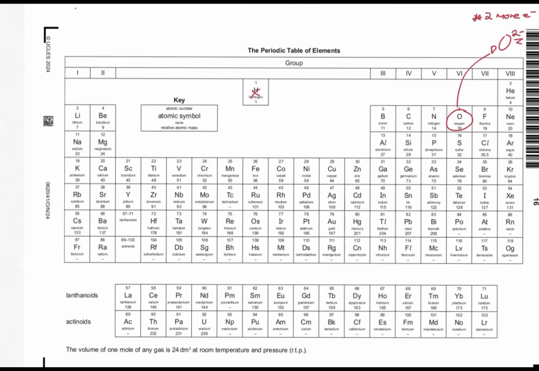So it means it will have the same electron configuration as the noble gas neon. So my first shell will have 1, 2. Second shell 1, 2, 3, 4, 5, 6. But then I have to add the 2 to get to neon. So 7, 8. So the electron configuration would be 2, 8.